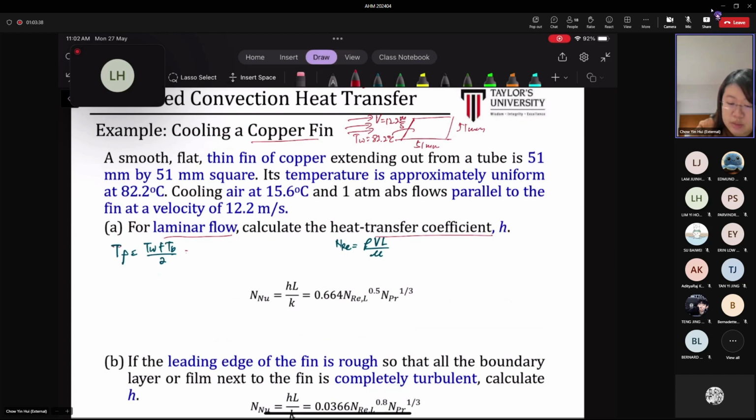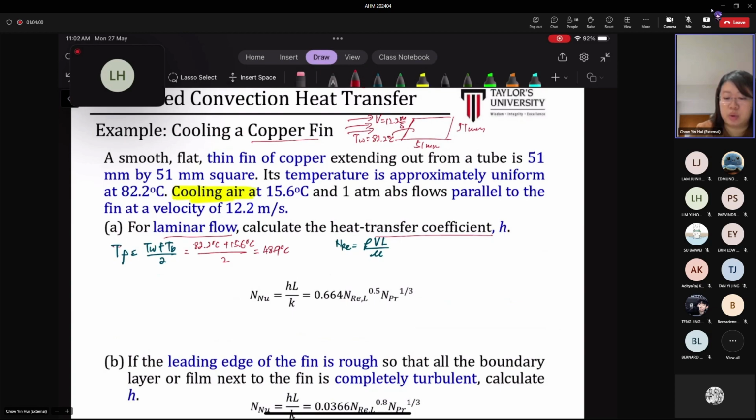So the wall temperature is 82.2 degrees Celsius plus the bulk fluid temperature of 15.6 degrees Celsius, divided by 2. The answer should be around 48.9 degrees Celsius. The fluid here refers to air, the cooling air we are dealing with.